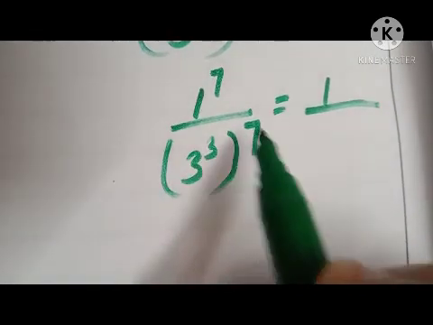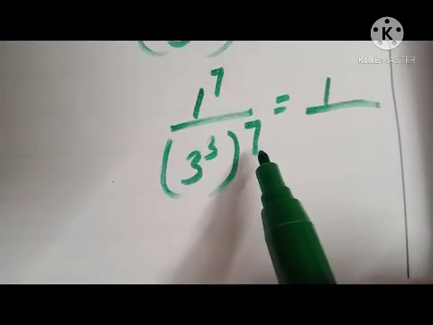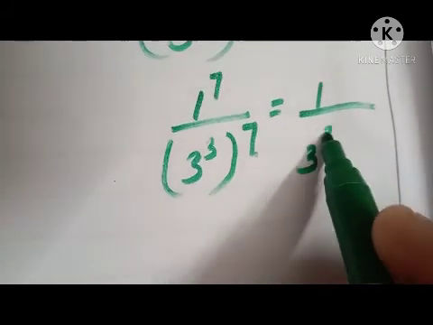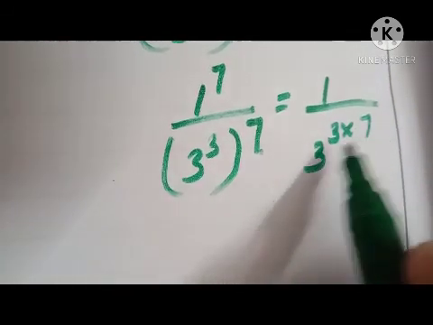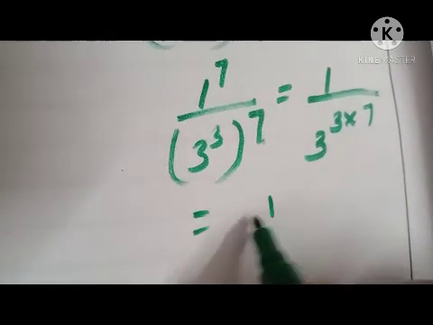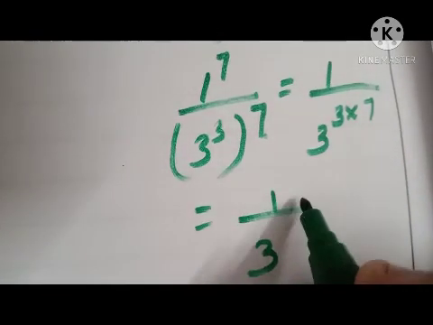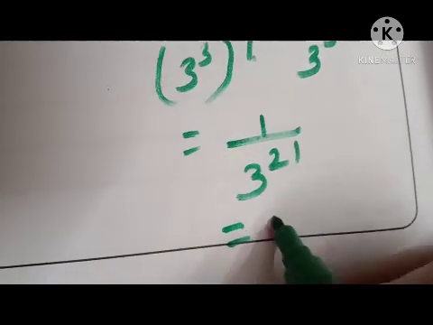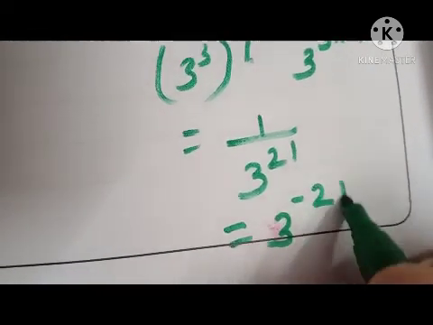Then 3 raised to 3 whole raised to 7 is a power of a power. So we will do it as multiplication. 3 into 7. That is equal to 1 by 3 raised to 21, since 3 sevens are 21. This we can rewrite as 3 raised to negative 21.